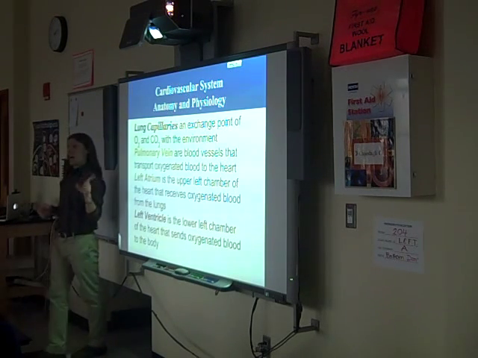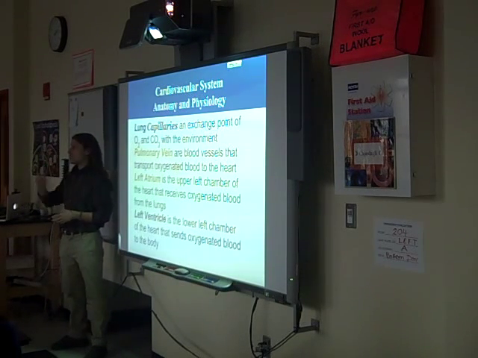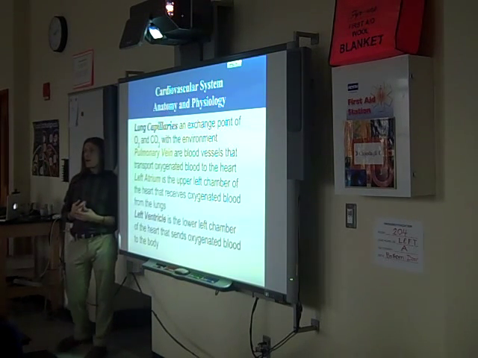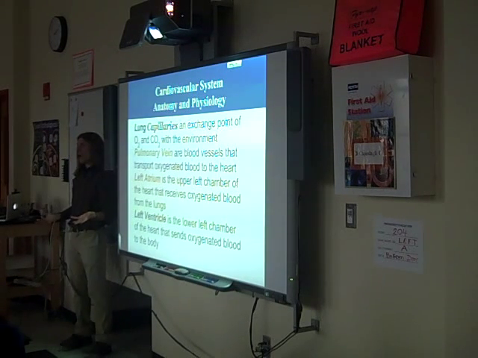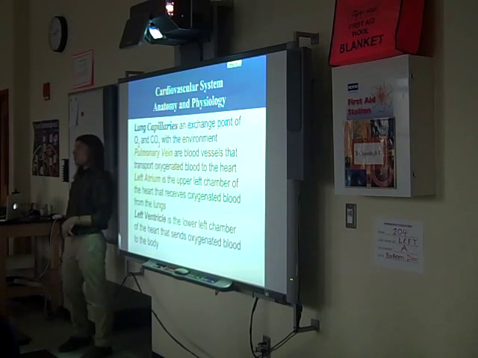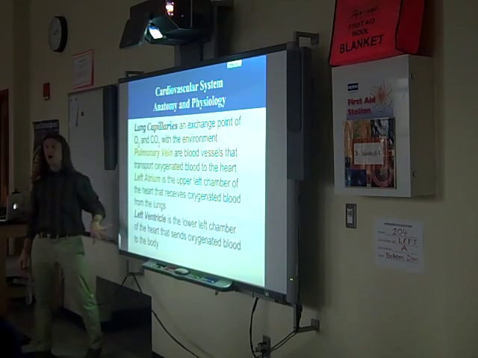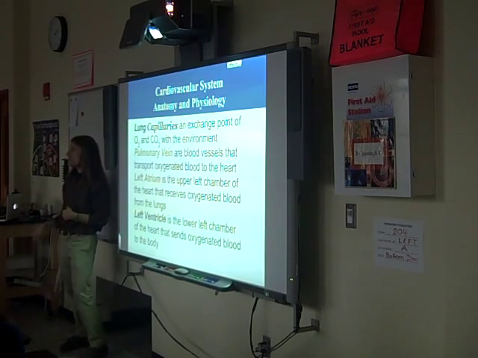Now, if one side of the heart is pushing blood to the lungs, and the other side has to push blood to the whole body, which side of the heart would be larger and more muscular? The one pushing to the lungs or the one pushing to the whole body? The one that pushes to the whole body, right? So the left side of the heart is the more elongated, muscular side of the heart, as we'll see when we do our dissection shortly.